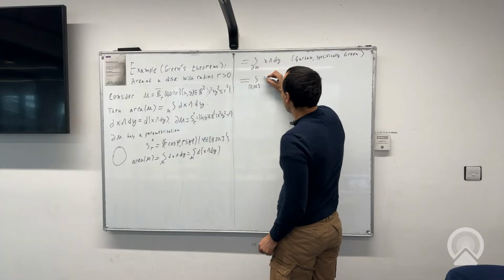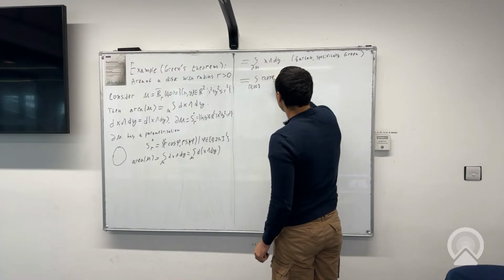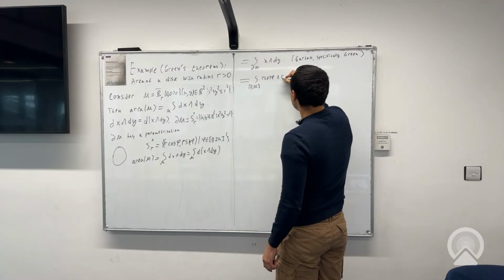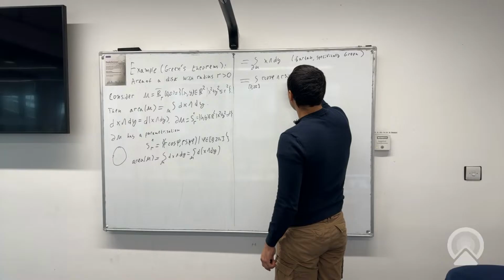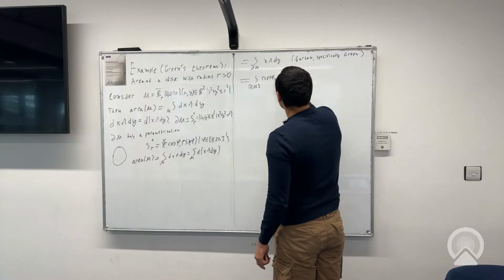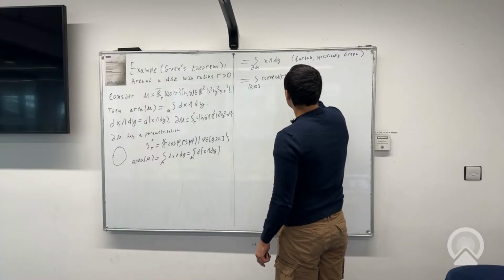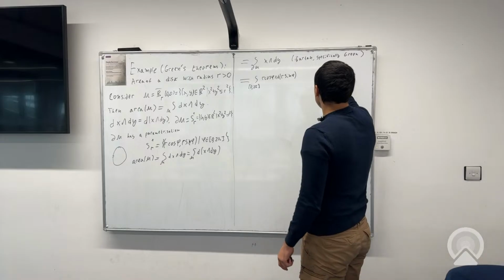So this will be r cosine phi, d of r sine phi. This is change of variables.